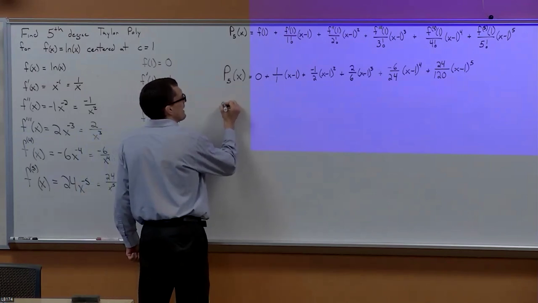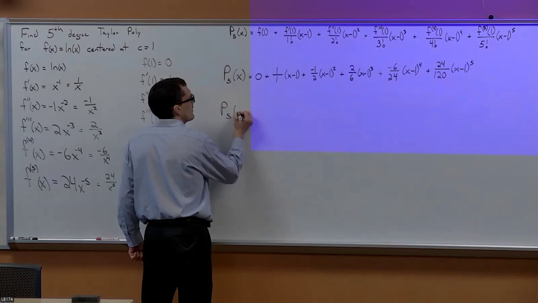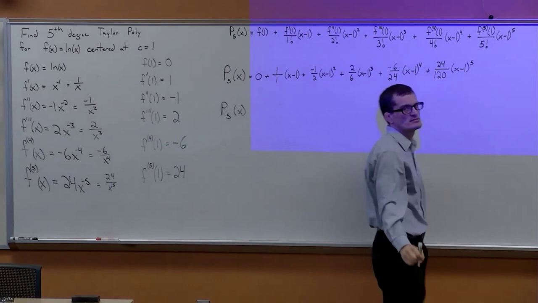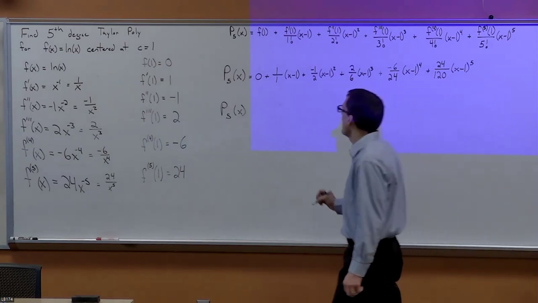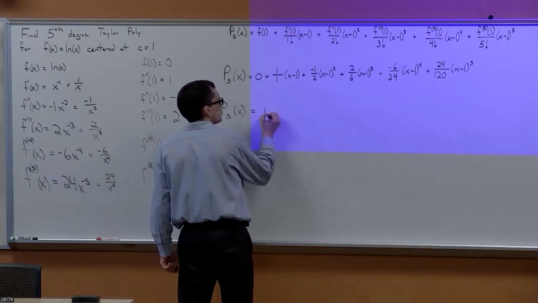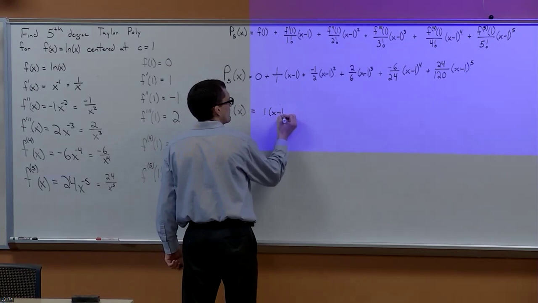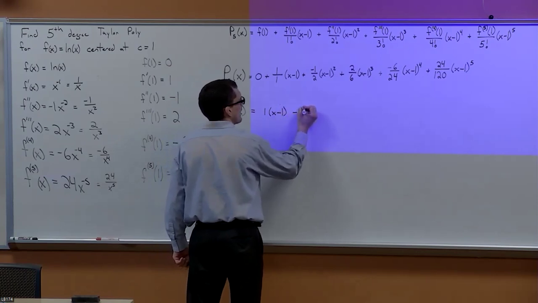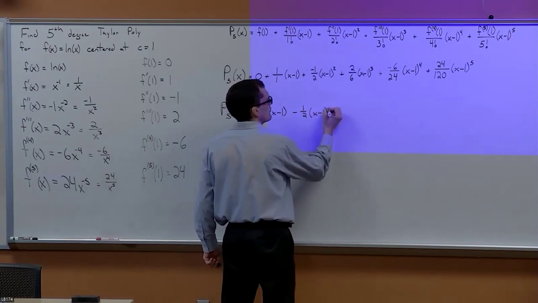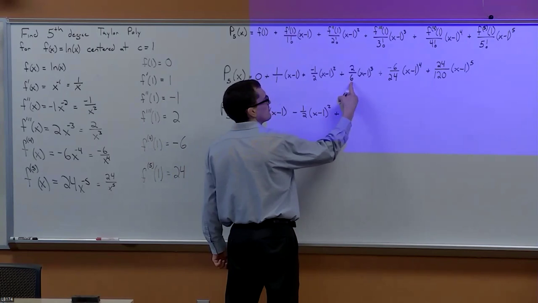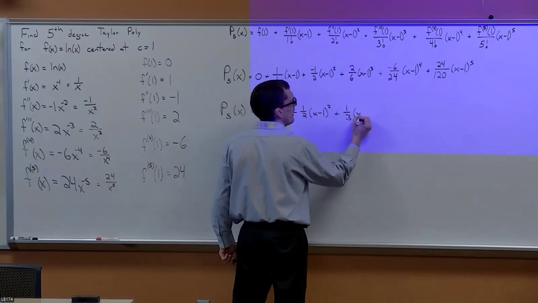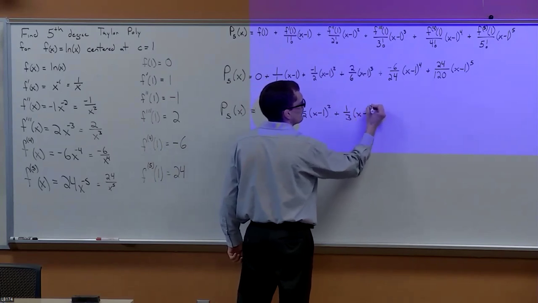I am going to rewrite that and just simplify each one of these coefficients. In this case, I get 1 times x minus 1. Then I get a minus 1/2 times x minus 1 squared. Simplifying 2/6 gives me a positive 1/3. I'm going to multiply that times x minus 1 to the 3rd.